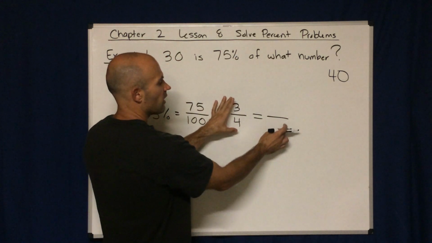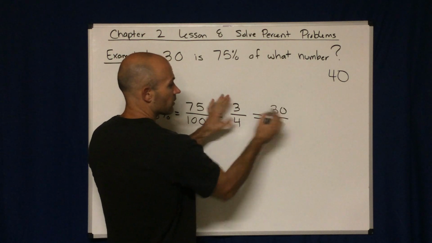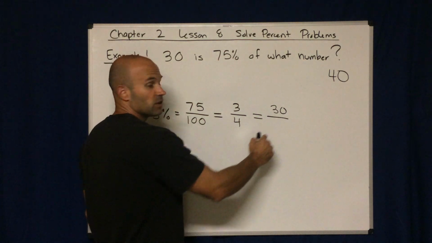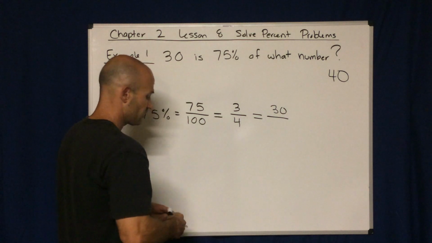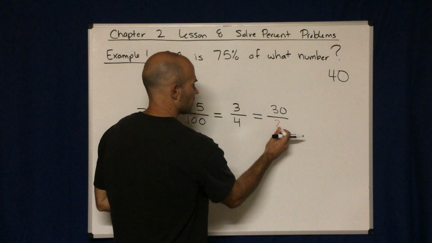So 3/4 of my whole number, I only get 30. This is what you need to fill in. This is the mystery. What is the denominator in this fraction?